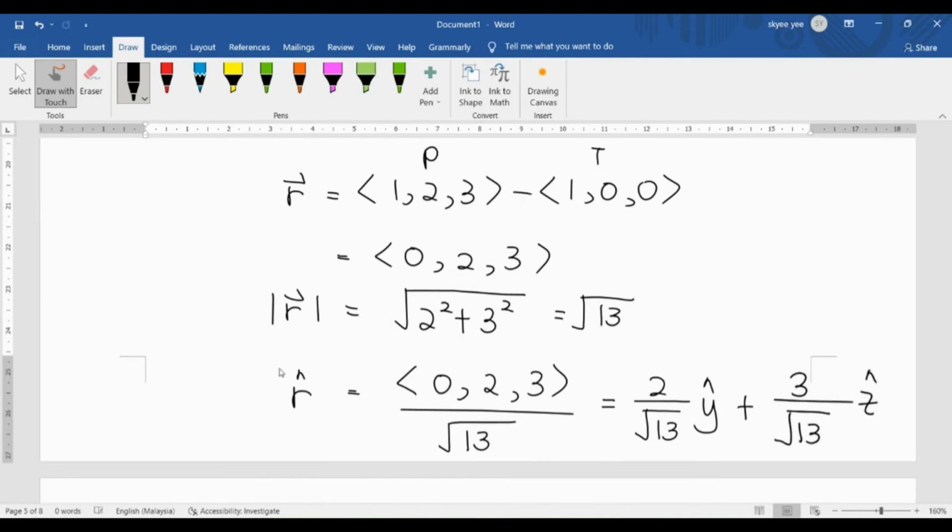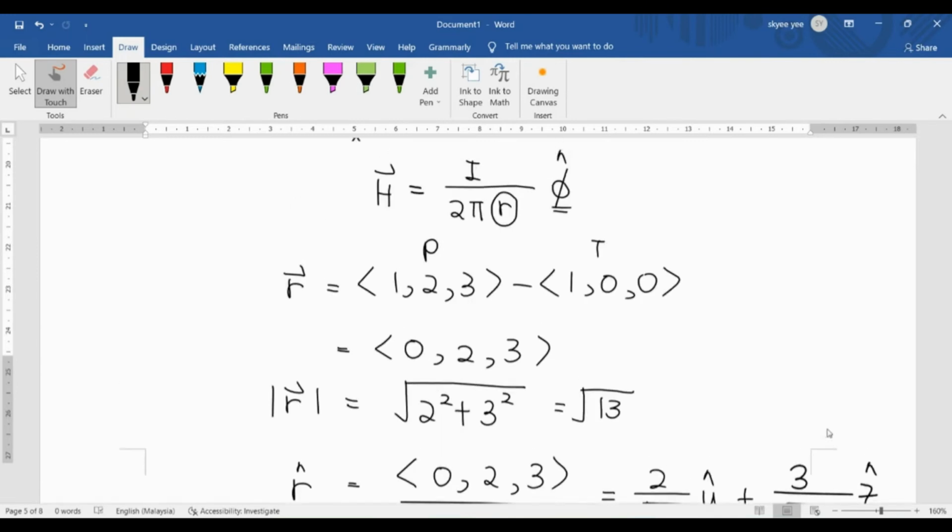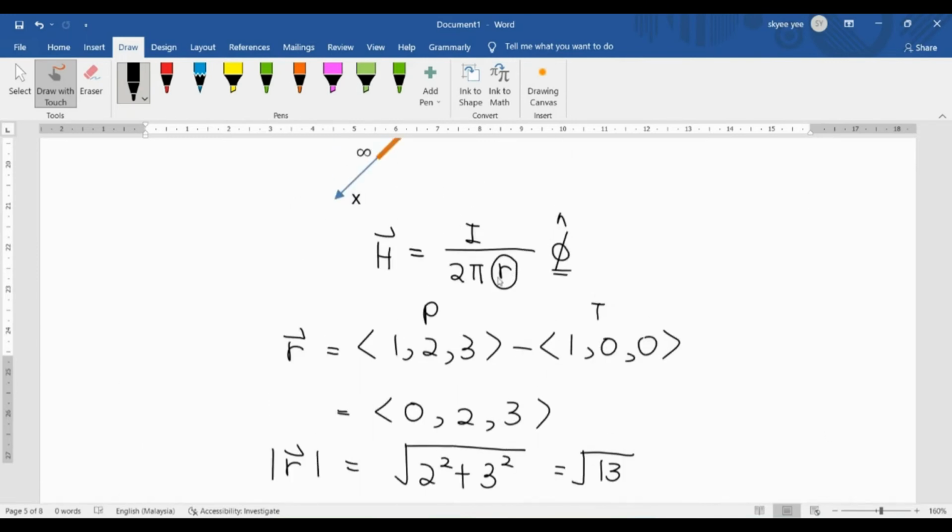So this is the unit vector r. You have to take note this unit vector r is a bit different compared to the previous two questions, because you see here you have two components, y and z. So here you will have y and z components. Okay, so you have settled this one.